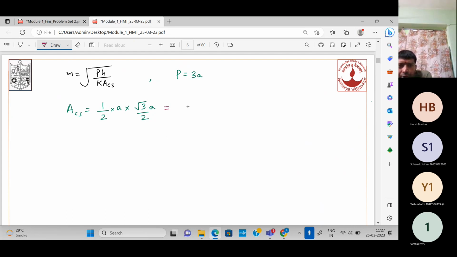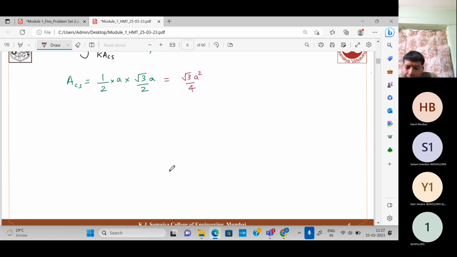Calculate this, it will be equal to root 3 a square divided by 4. Now we can find the value of perimeter divided by cross sectional area. So perimeter is 3a divided by cross sectional area, root 3 a square by 4.